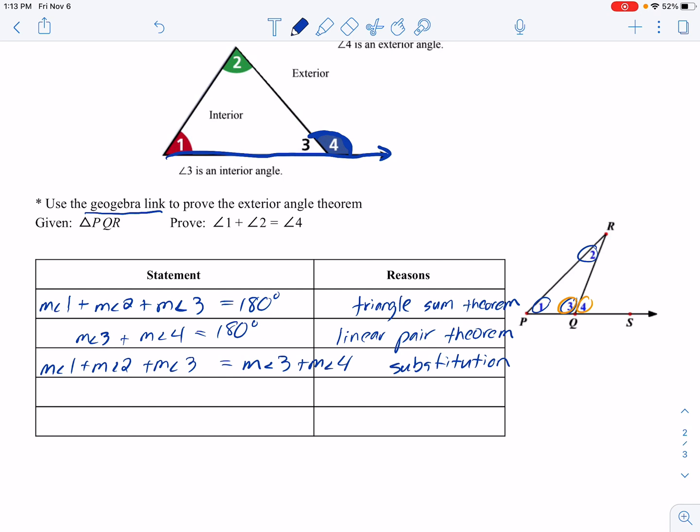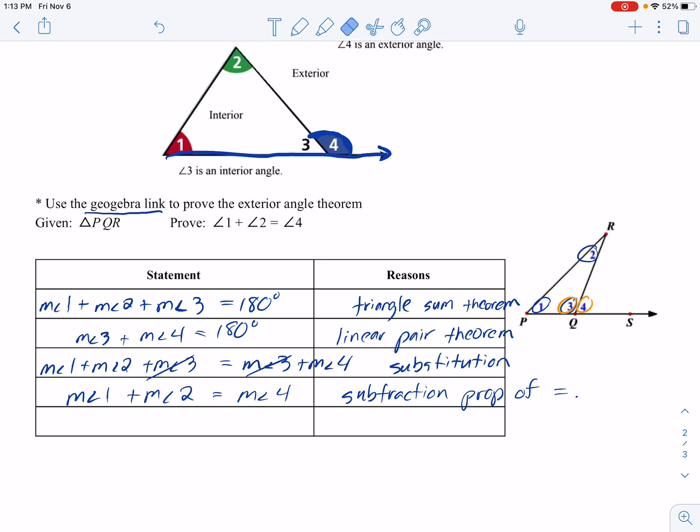And then we are left with, if we want to just subtract the measure of angle 3 from both sides, we're left with 1 plus 2 equals 4. Subtraction property of equality. And then go ahead and take a look.